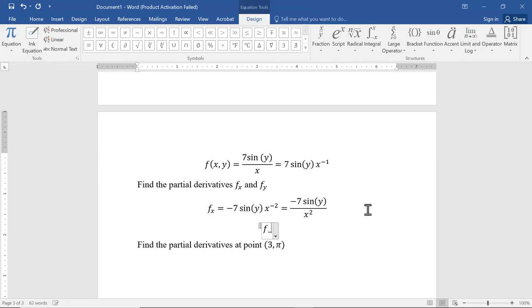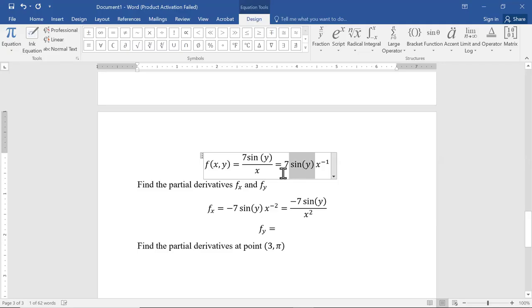If I take f sub y, if I take the derivative with respect to y, this x to the negative 1 doesn't matter if I put it in the back or in the front, it works just like a coefficient. And so I need to be able to take the derivative of sine y times a constant number. Well, constants out front aren't going to do much. They're just going to stay in place.